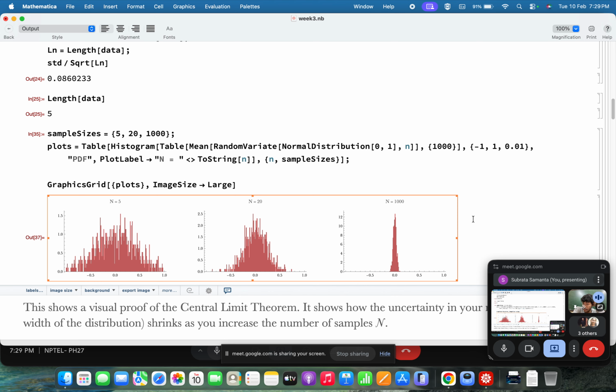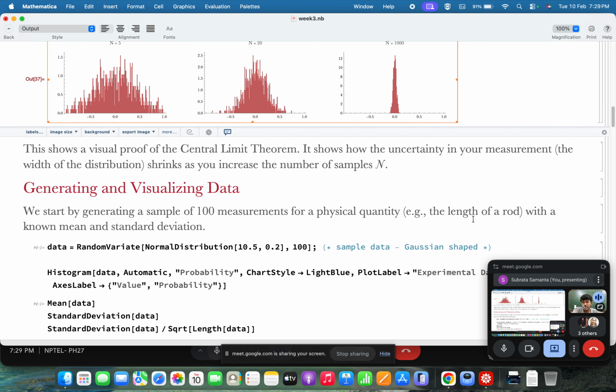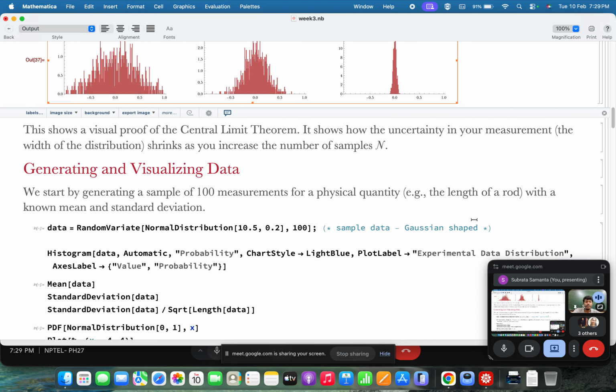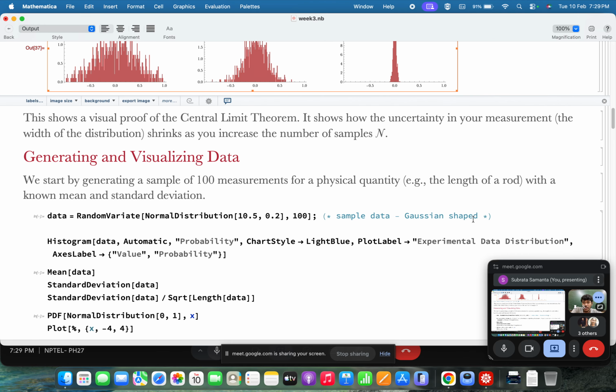So, this is the visual proof, and now I generate some pseudo data and visualize it. Let us start by generating a sample of 100 measurements for a physical quantity. Let us say I measure the length of a rod, with a known mean and standard deviation.